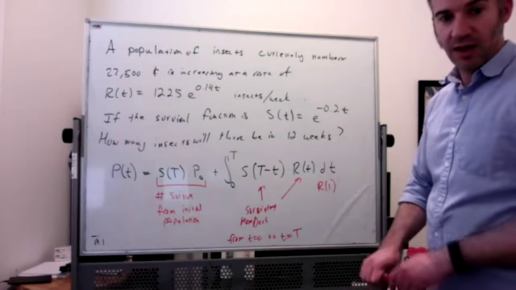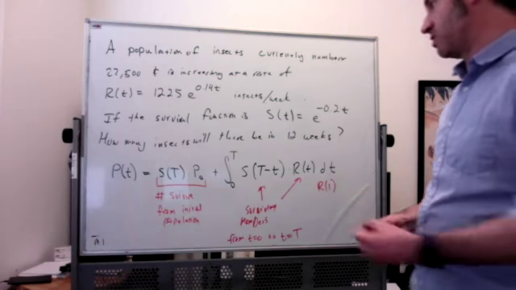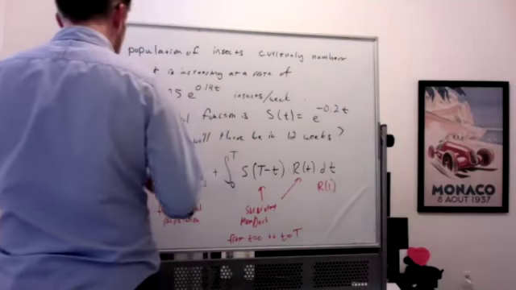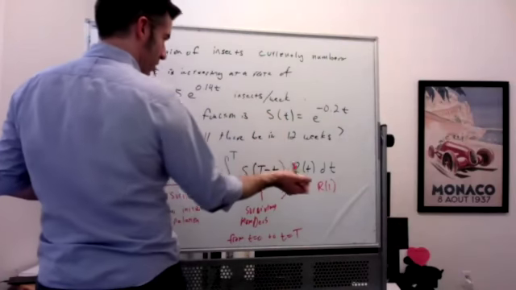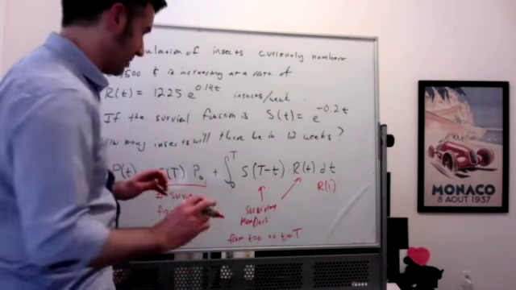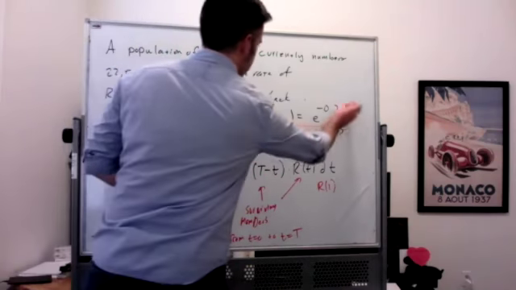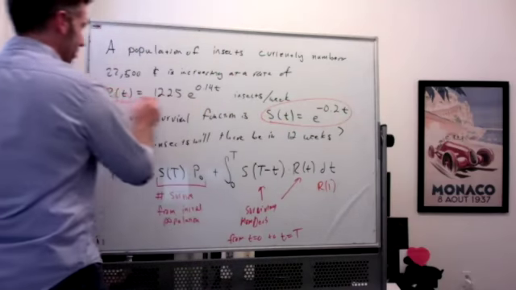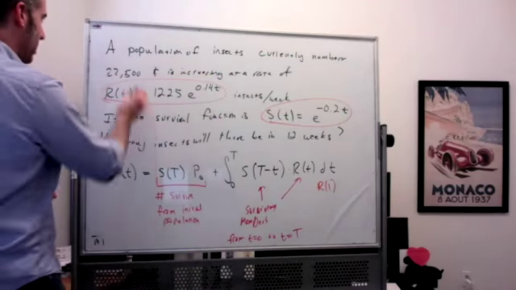Anyway, we're going to throw it all in the formula. So here's what we've got. I have to be super careful because it's easy to make mistakes. The survival function is this, the rate is this, and P naught is this.